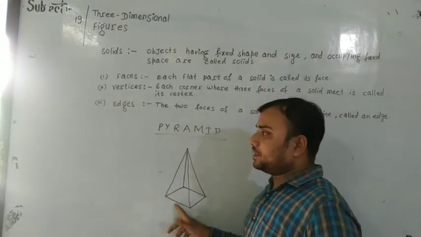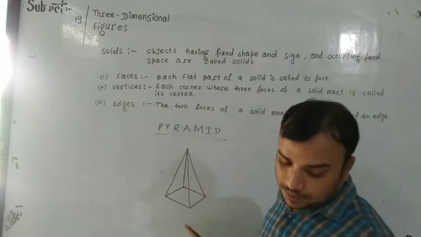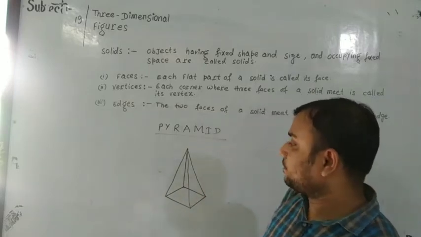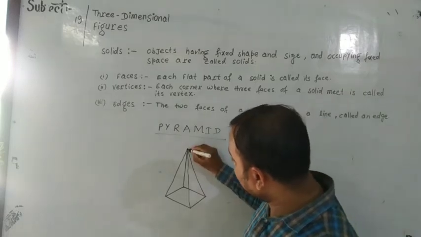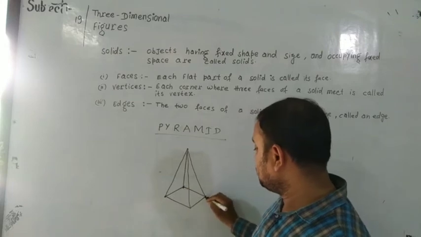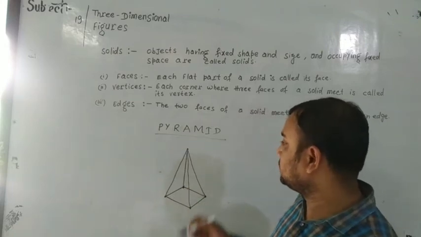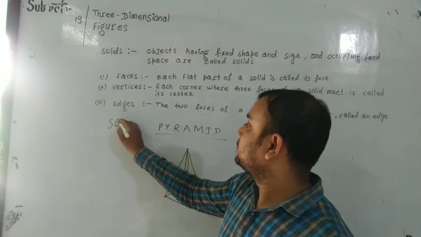If the base of a pyramid is square, it is called a square pyramid. In the square pyramid, there are 5 vertices: 1, 2, 3, 4, and 5.